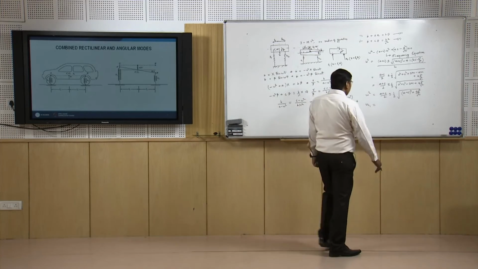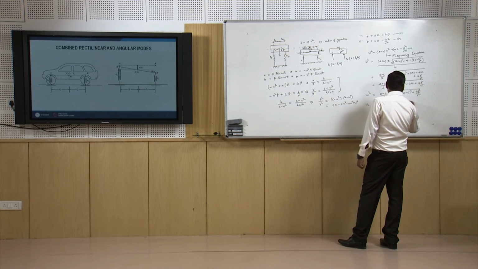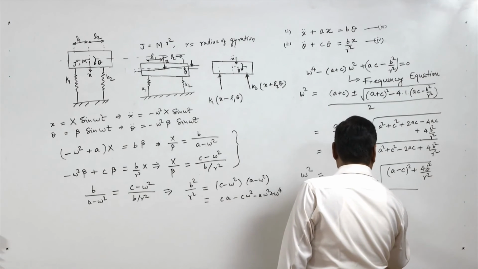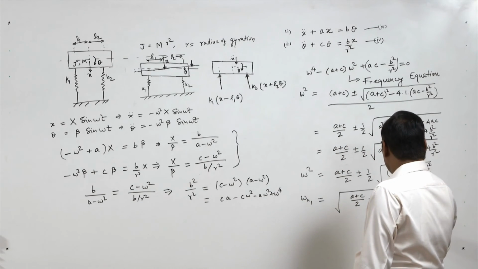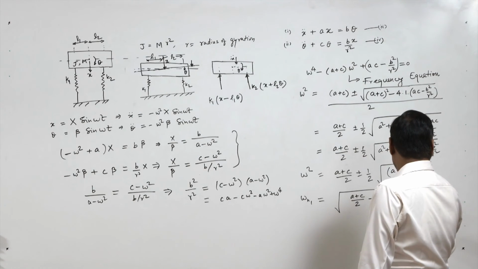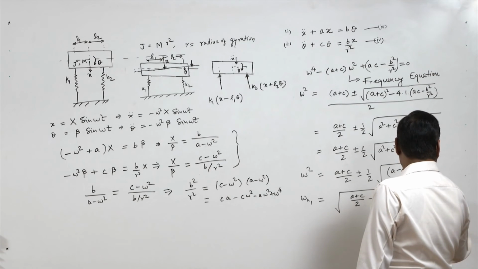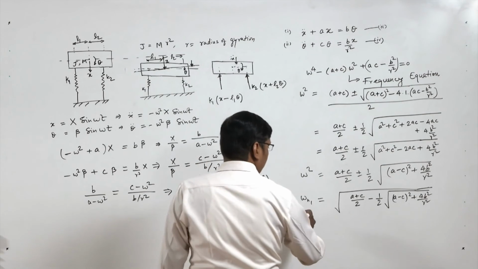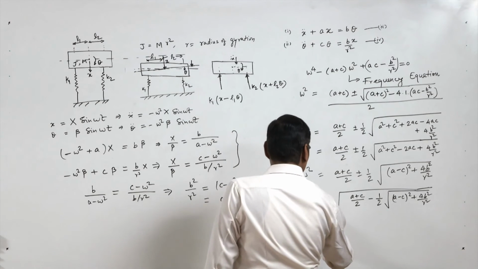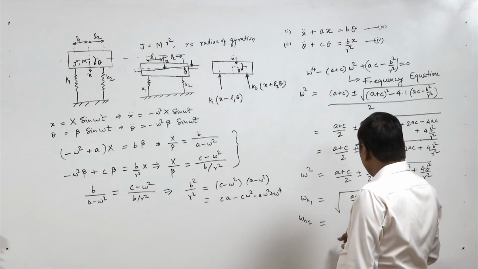So, omega n1 will be under root a plus c by 2 minus 1 by 2 under root a minus c whole square plus 4b square by r square, and omega n2 will be when we take the plus sign.